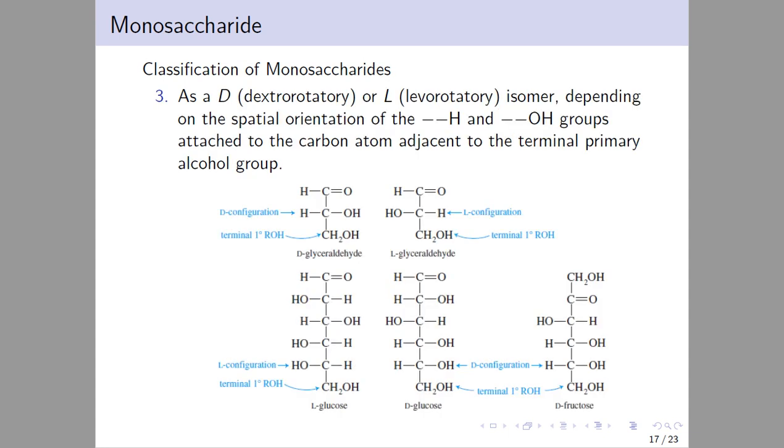And next is, again, the configuration of the isomer, as a D, dextrorotatory, or L, levorotatory isomer, depending on the spatial orientation of the H and OH group attached to the carbon atom adjacent to the terminal primary alcohol group.